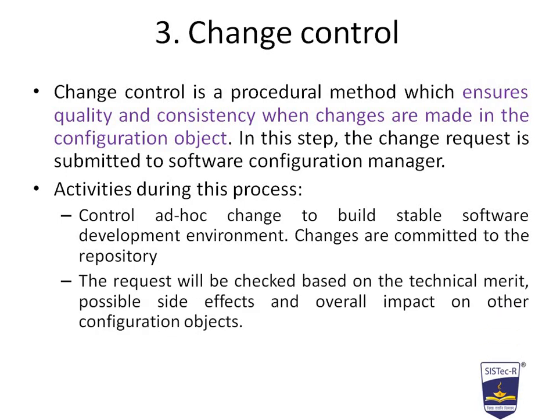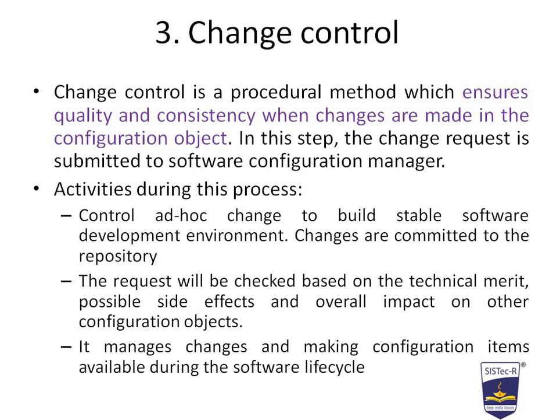The request will be checked based on the technical merit, possible side effects, and overall impact on other configuration objects. So we should identify what kind of risk there is a possibility of, and what level of impact this particular change will have. So after that we define the final approval.